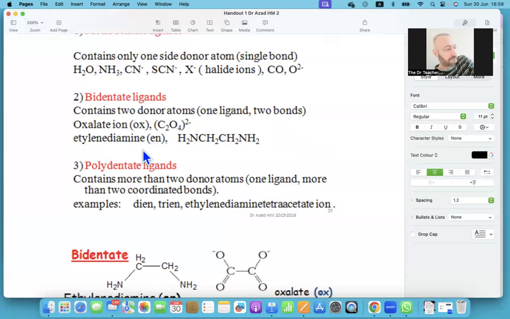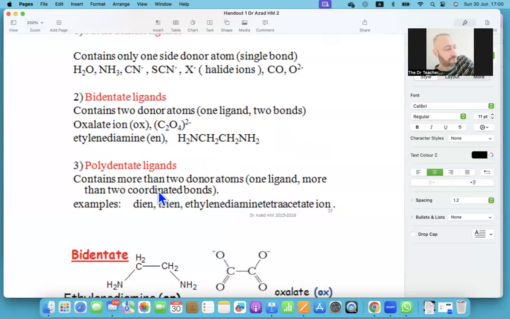Ethylene diamine, NH2, CH2, CH2, NH2. They can bond from one nitrogen and from the other nitrogen, a double bond to occupy orbitals in the metal.